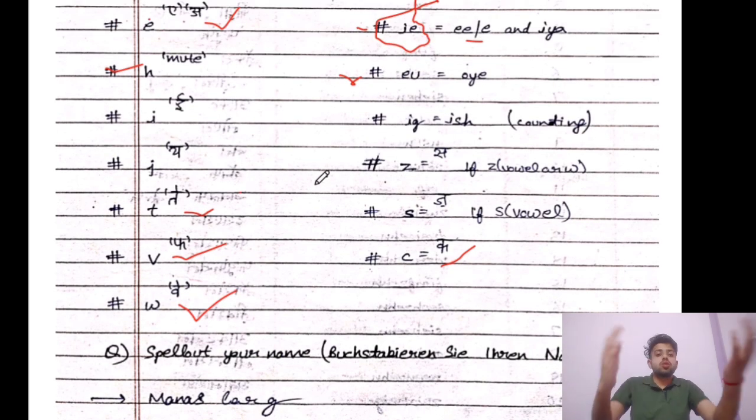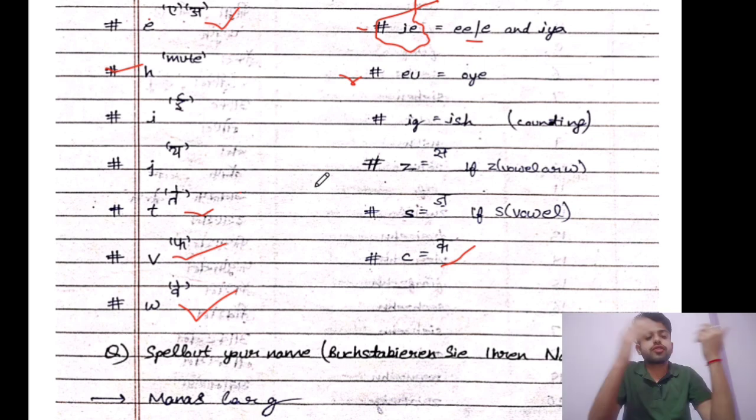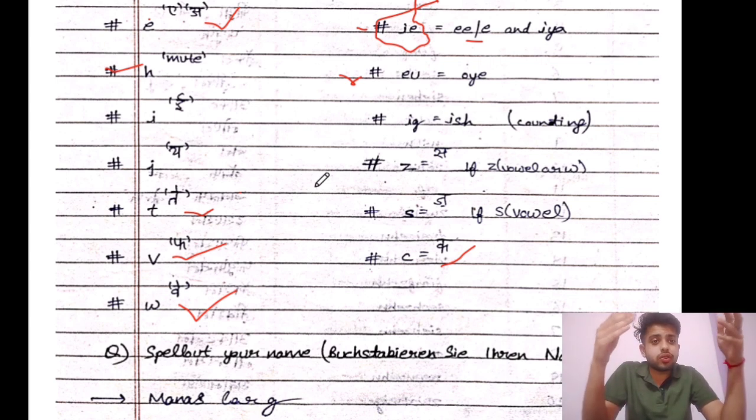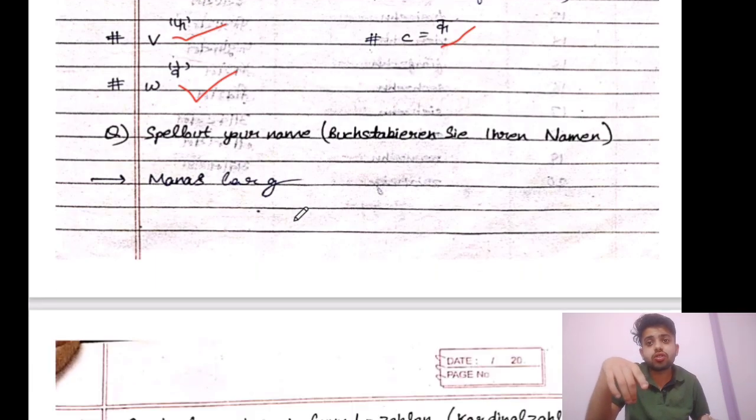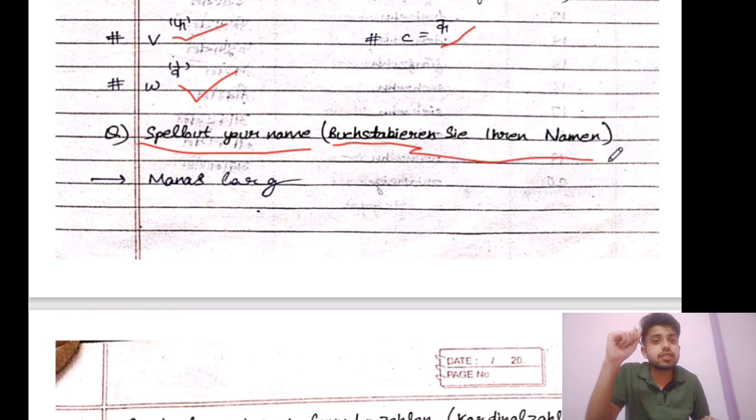So that's all for today's video. The last one is a bonus question. That is very important. If you think my lecture is only about the alphabet, and that my alphabet is complete, so I go, no, there is a question. For example, the last question is: spell out your name. How it is pronounced: Buchstabieren Sie Ihren Namen.